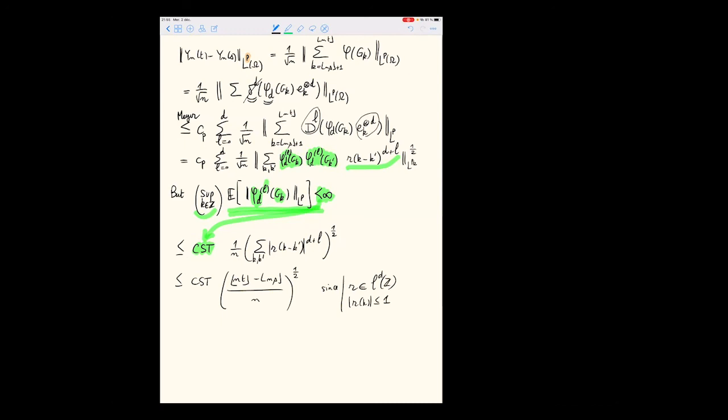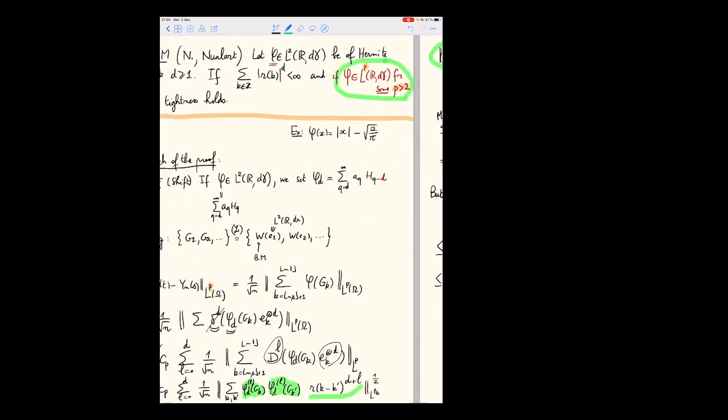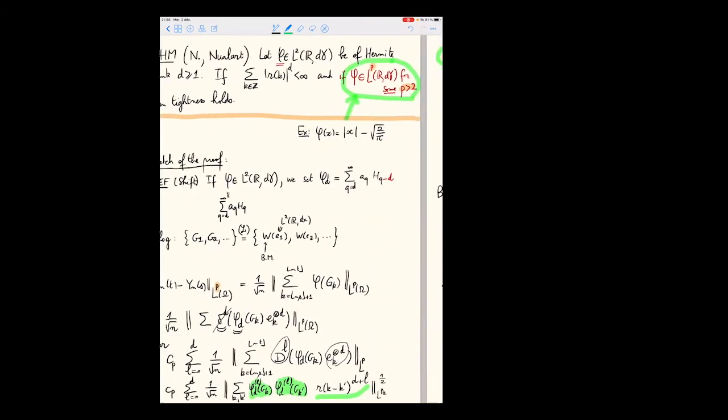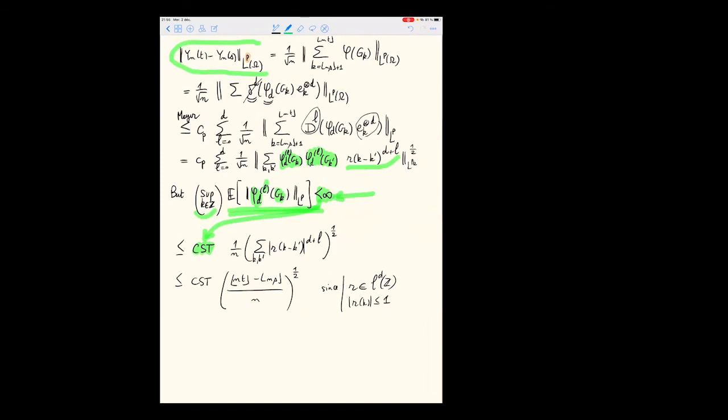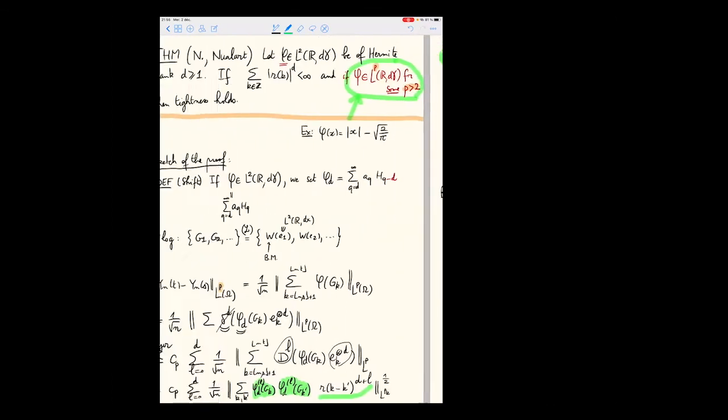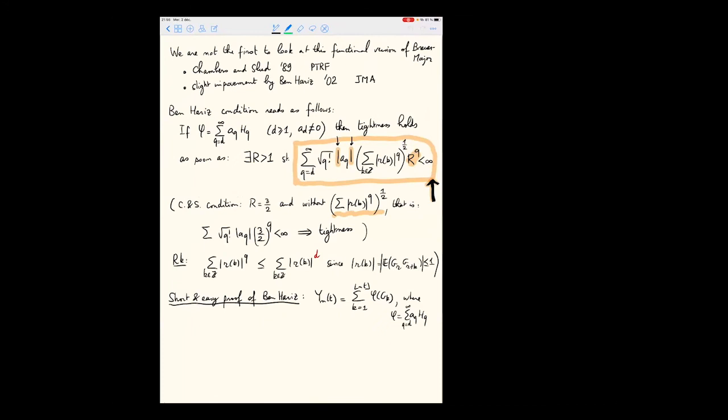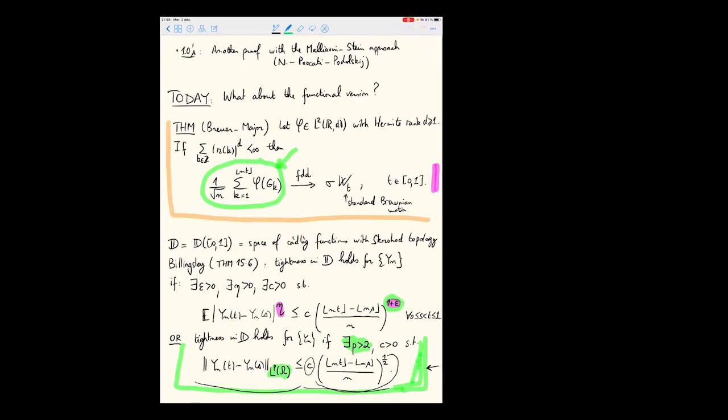You put a equals k minus k prime and so on. And so if we look at what we obtain, the LP norm of the difference between Y at t and Y at s is less than a constant that we got finite by this property, which once again is related to this assumption here, times (nt minus ns) over n to the 1/2, which was exactly what we need, which is exactly this condition here, which is satisfied.